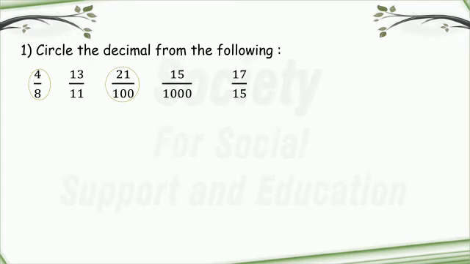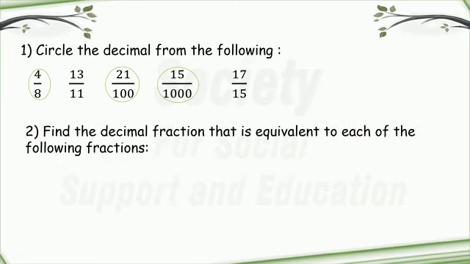It already has in its denominator a power of 10, and 15 over 1000 also. Then we have 17 over 15. We can divide 15 by 3, but 17 we cannot divide by 3. So this fraction is not a decimal fraction.